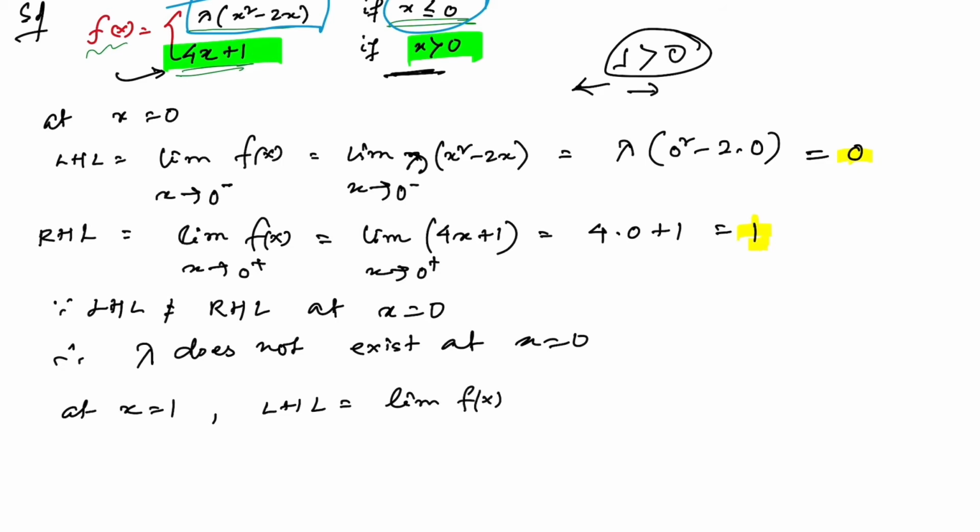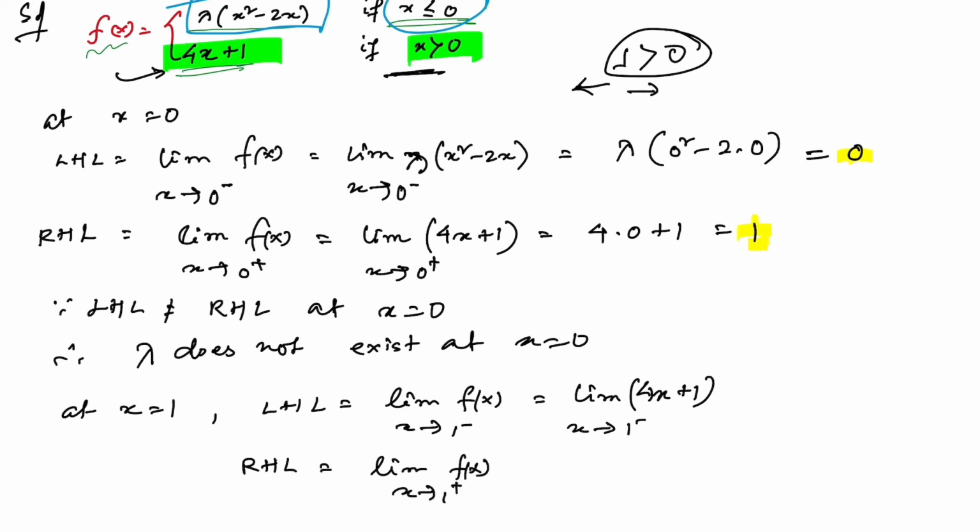Therefore left hand limit of f of x, x tends to 1 negative, is limit 4x plus 1, x tends to 1 negative. If you find the right hand limit also, limit f of x, x tends to 1 positive, here also we have to write 4x plus 1, as x tends to 1 positive.